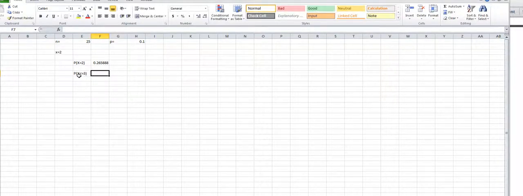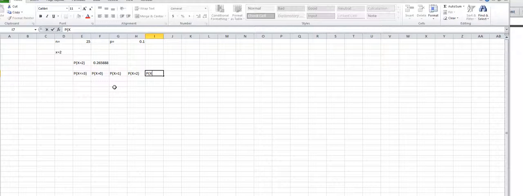In order to calculate this probability, we can calculate the probability of x equal to 0, and the probability of x equal to 1, and the probability of x equal to 2, and the probability of x equal to 3, and add all these four probabilities together, and you'll get the probability for x smaller than or equal to 3.